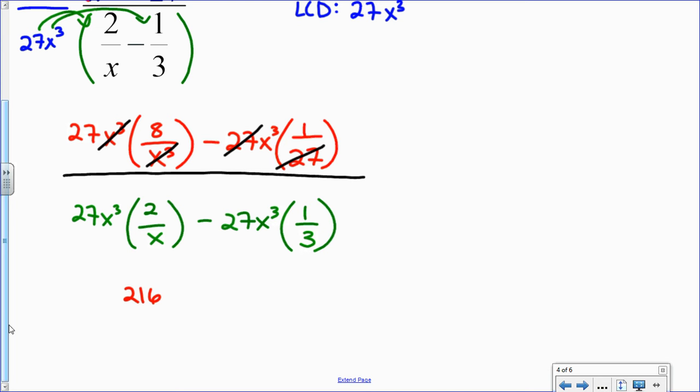So negative x cubed times 1 is negative x cubed. So that's my whole numerator. That's what my numerator becomes. And then my denominator. All right, this x cancels. That becomes x squared. So what's 27x squared times 2?